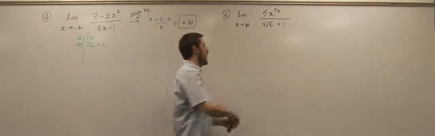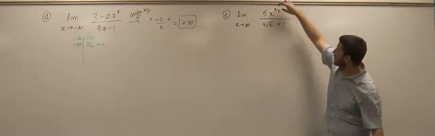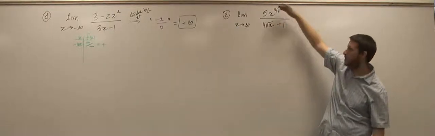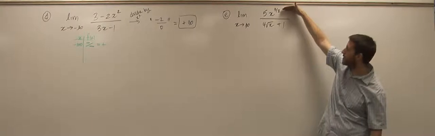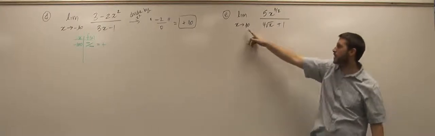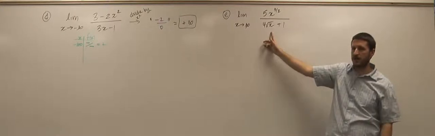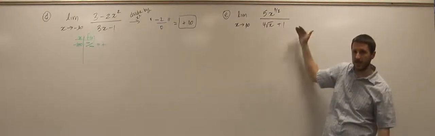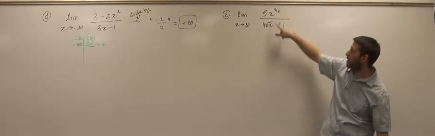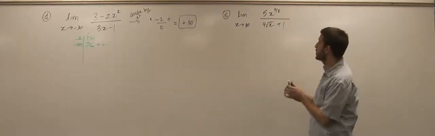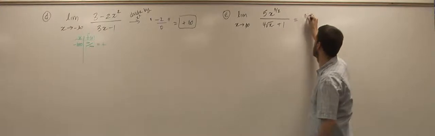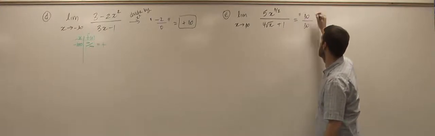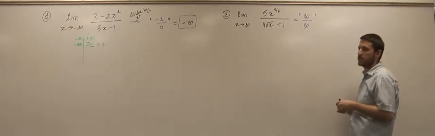Yeah, so the x to the 3 halves function, if you take a number and raise it to the 3 halves power, raising it to any power is going to keep going to infinity. Even square root, if you take the square root of 1,000,000, it's going to be a big number. If you do the square root of 1,000,000,000, it's going to be getting even bigger. So these guys grow without bound. So this is going to go to infinity over infinity. So it's indeterminate.